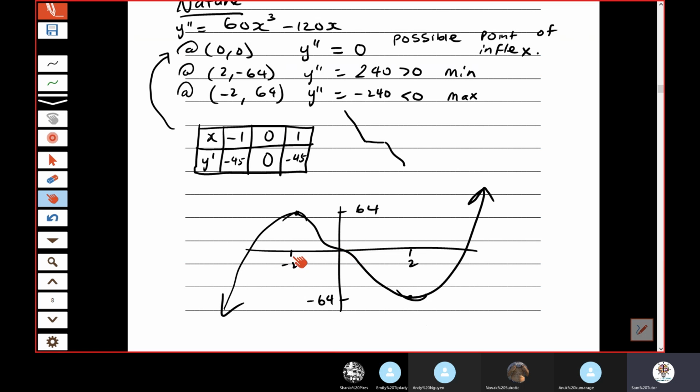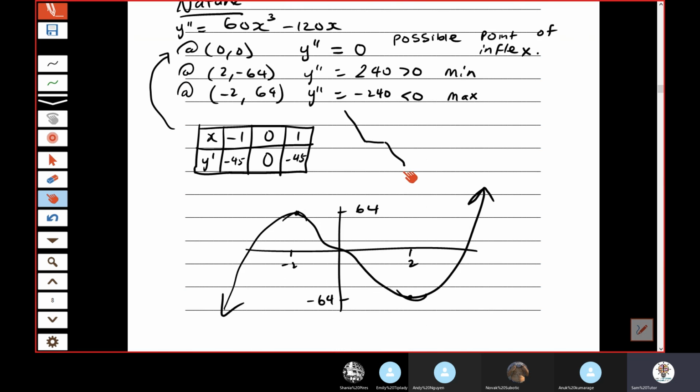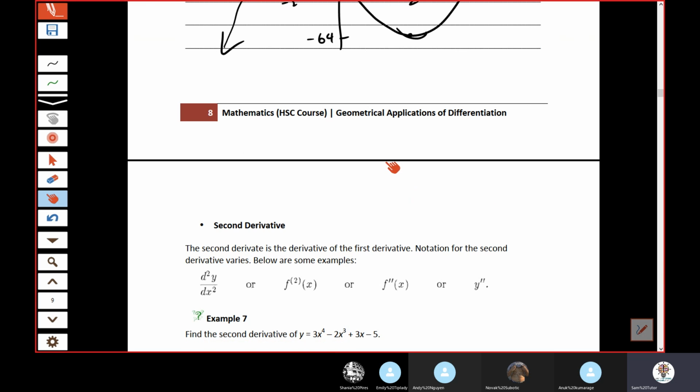A cubic, that's a power of 3, 4, 5. So there's 5 intercepts. True? 3, one more time, 3, 4, 5 intercepts, or 5 roots. Look at that. The polynomial had 5 roots. Well, it has to have 5 roots. All right, enough with that. Let's keep moving.